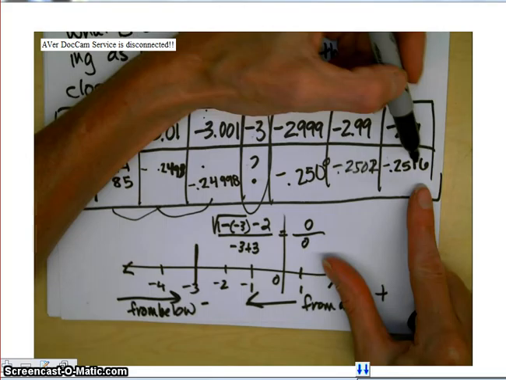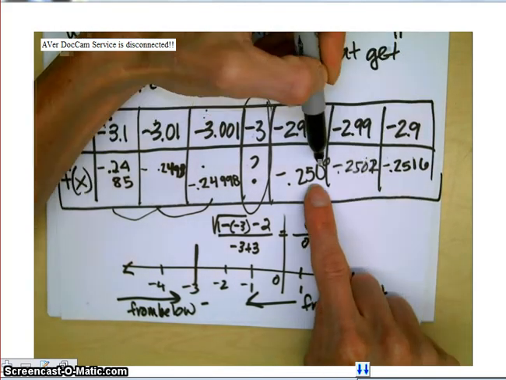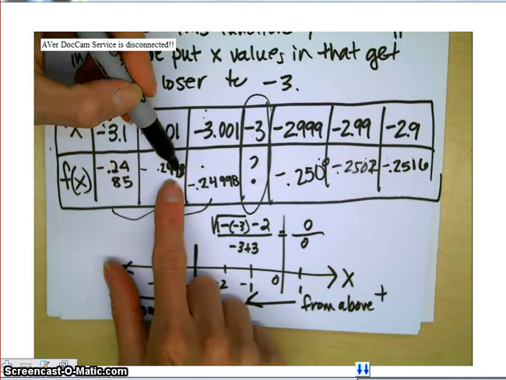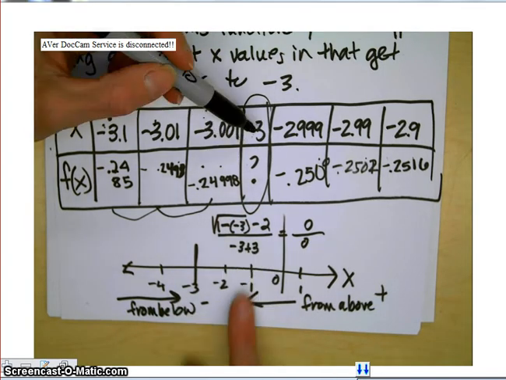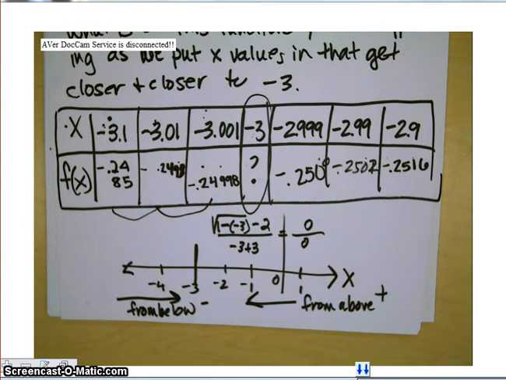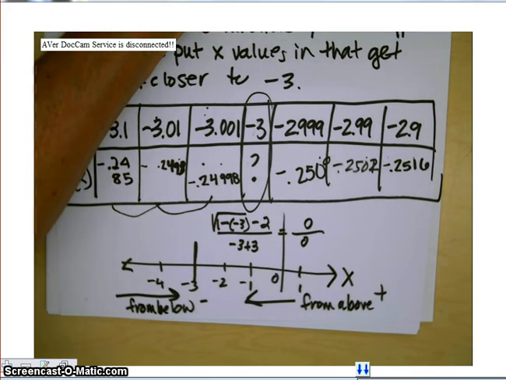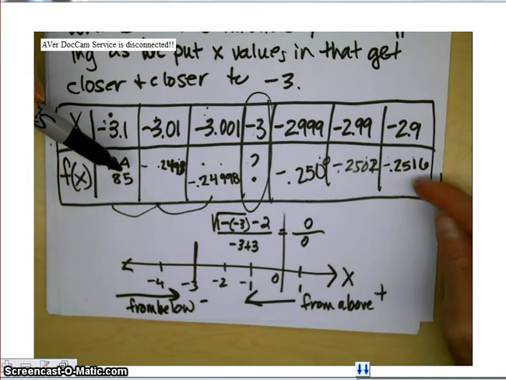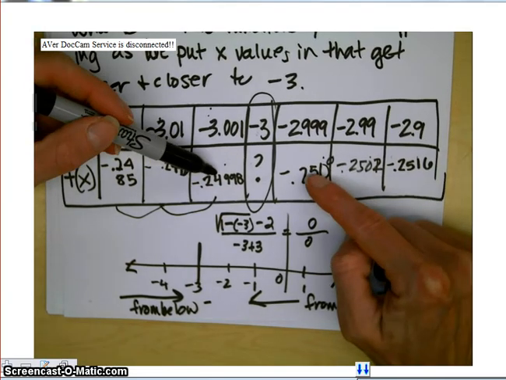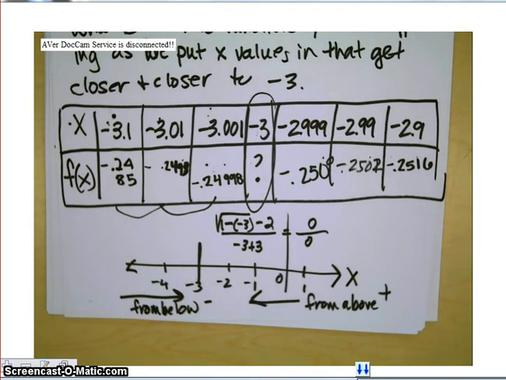These are getting closer by going down. These are getting closer by going up, getting closer to -0.25. So what do you suppose the limit as x goes to -3 of this horrible function is? -0.25. But it's by looking at the progression of these numbers that you decide that.